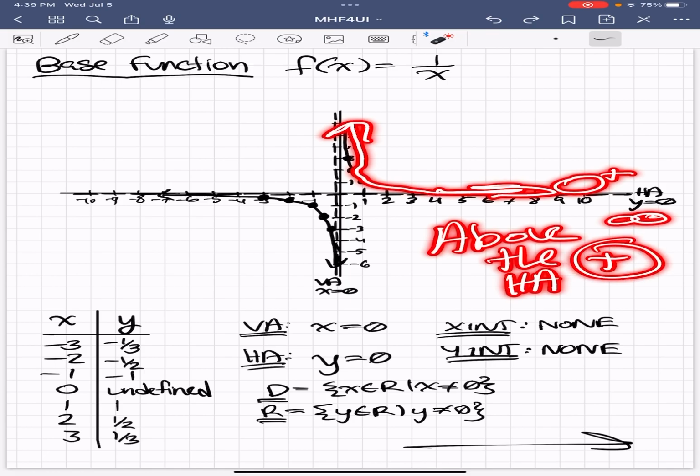As x approaches infinity, y approaches 0 from above the HA, so we use the positive symbol.